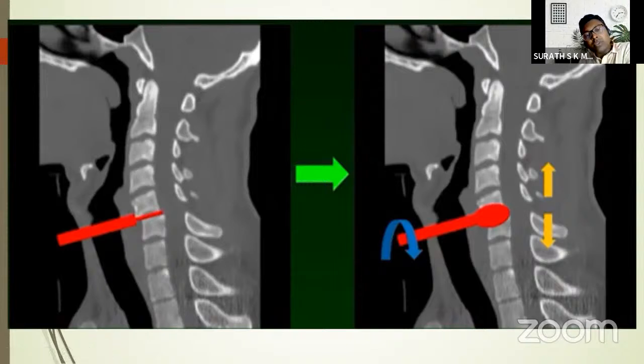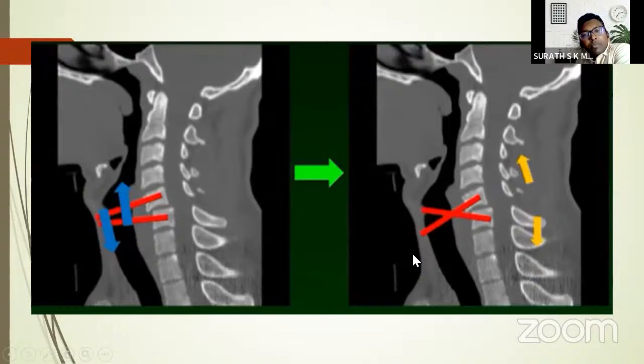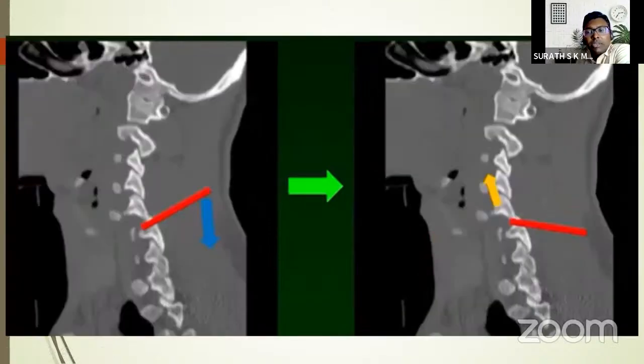So sometimes it's a bit difficult, especially in bilateral locked facets, to achieve a successful reduction. In that case, you have to go to the posterior approach and then come back to the anterior approach, which has happened to me twice. So, using the laminar spreader, different techniques of reduction. This is posterior reduction.